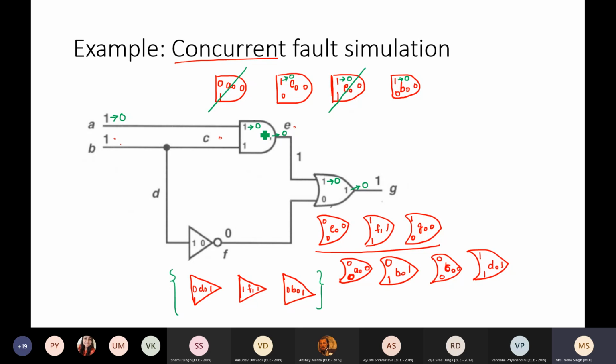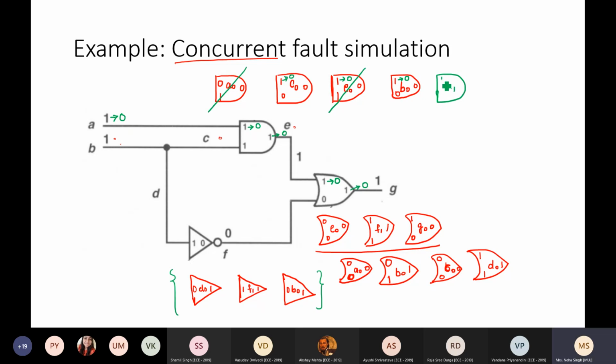But now I will add some more simulated bad gates. Why will I add bad gates? Because A naught is no more a bad gate, but A stuck at 1 should give me the error. Therefore, in the second step, I will have an updation of the fault list for this AND gate, and the fault will be denoted as A stuck at 1.